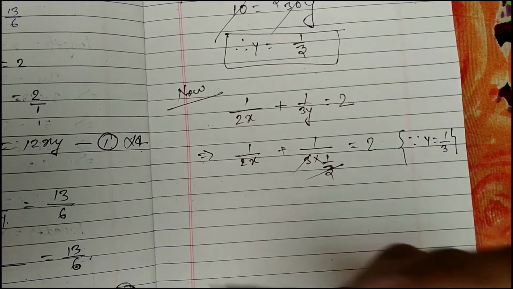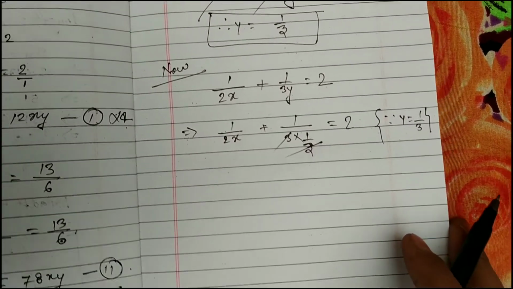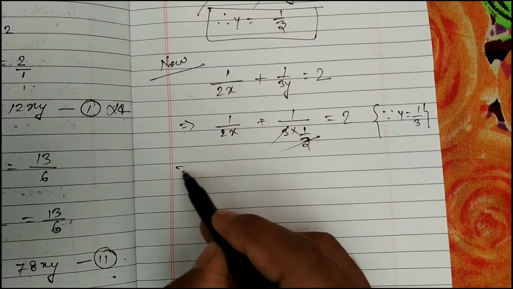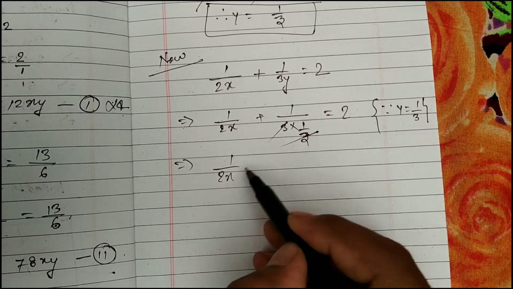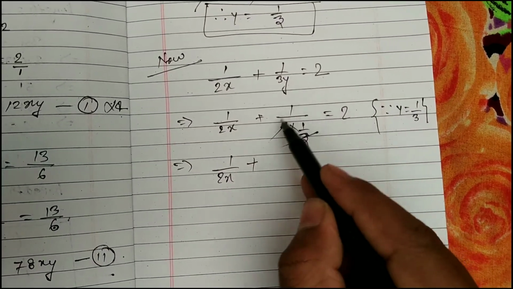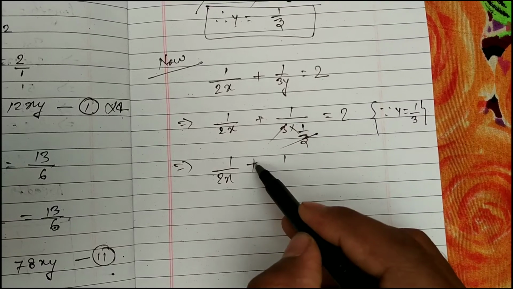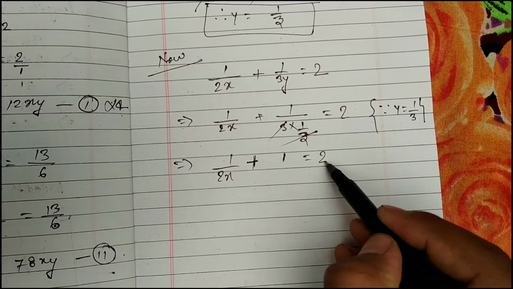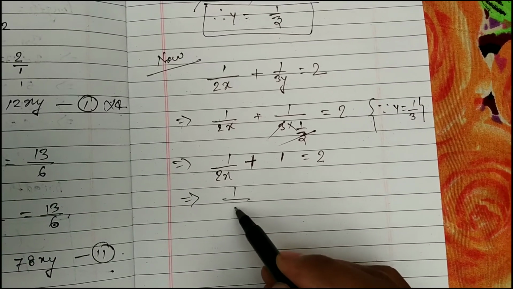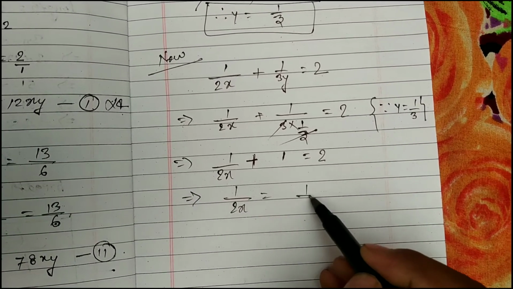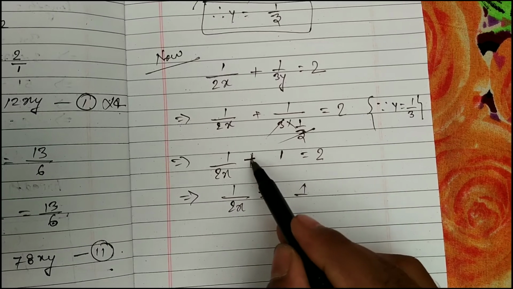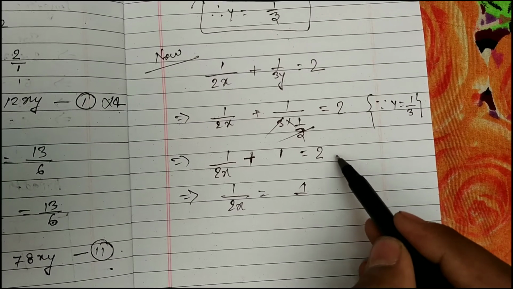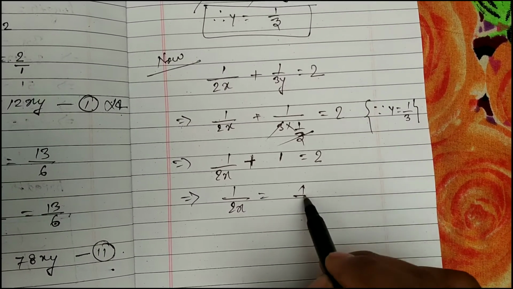Now cancel the 3, and you have 1 by 2x plus 1 is equal to 2. So 1 by 2x is equal to 2 minus 1, which is 1.